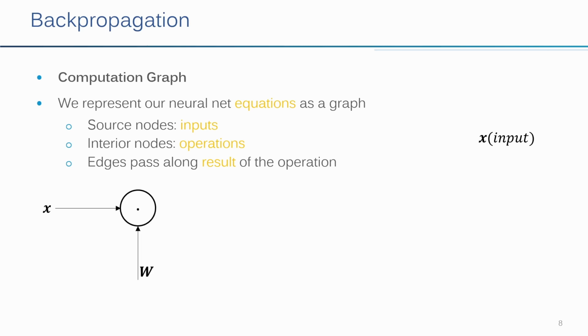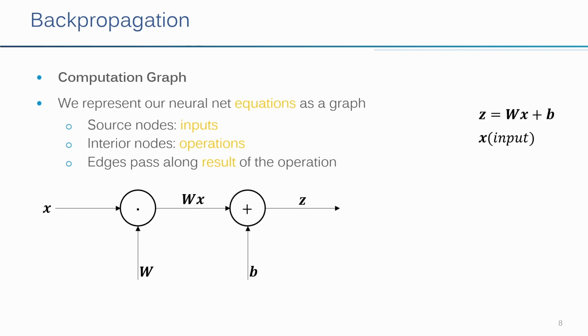So we have our inputs right here. We're going to multiply that by whatever weight that we have.